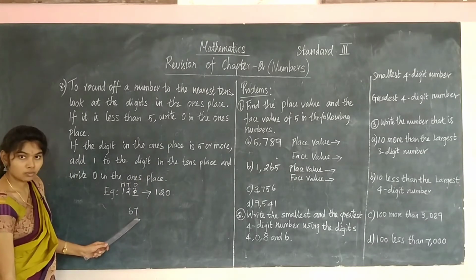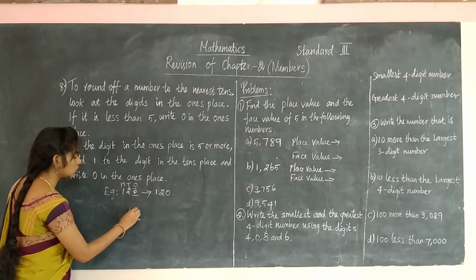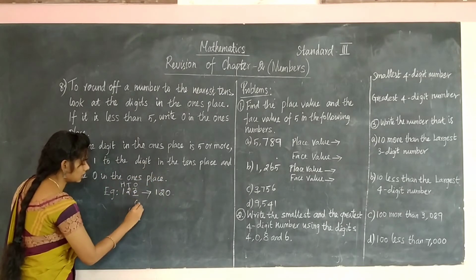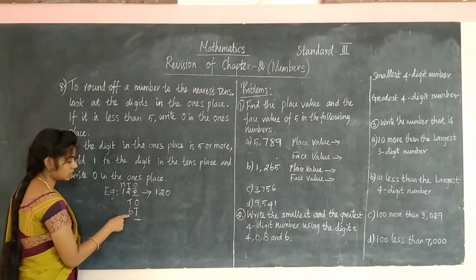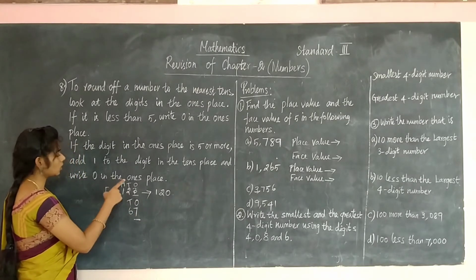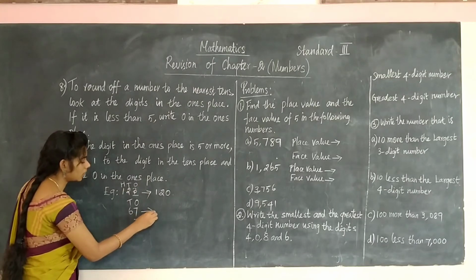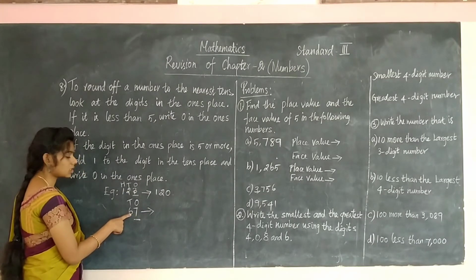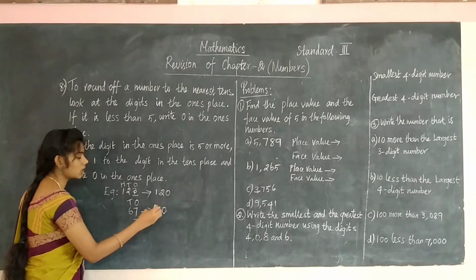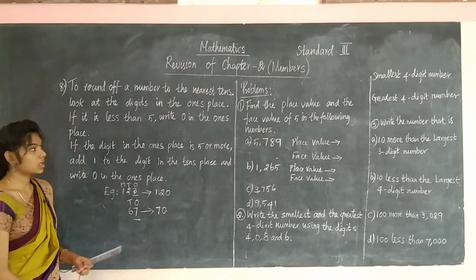It is more than 5, so what we have to do? We have to add 1 to the digit in the tens place. This is the tens place, right? We add 1 in this place and write 0 in the ones place. How will it be? The rounded number will be 6 plus 1 is 7, so here we will write 0. This is the rounded number. So we shall see some problems.